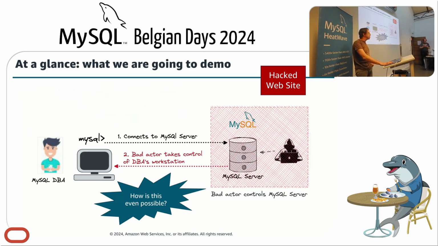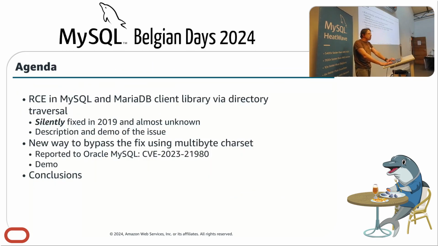I will be demonstrating this attack, and you may be scared, and whatever you see, you will not be able to unsee. So if you don't, leave now. All right. This is our agenda: remote code execution in the MySQL and MariaDB client library, via directory traversal.